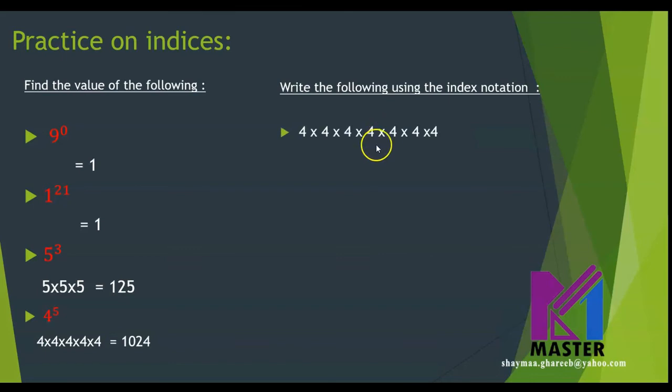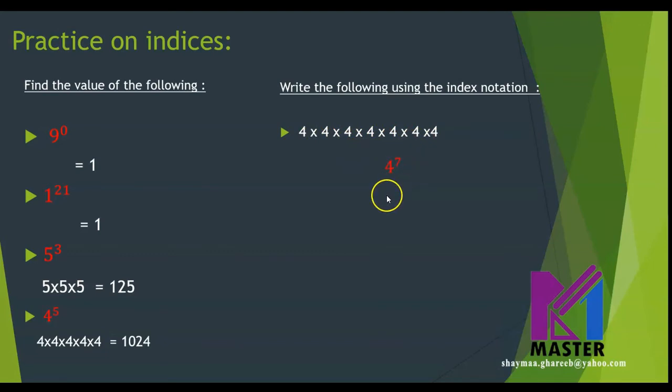So we are just going to rewrite the multiplication sentence using the index format or the index notation. 4 times 4 times 4 times 4 times 4 times 4 times 4, which means that the 4 is multiplied by itself how many times? 7 times. So the base number is 4, raised to the power of 7.